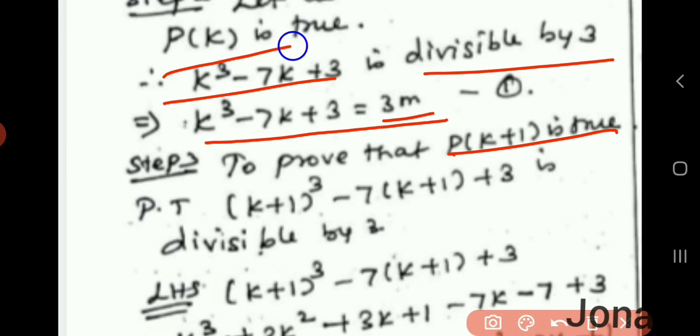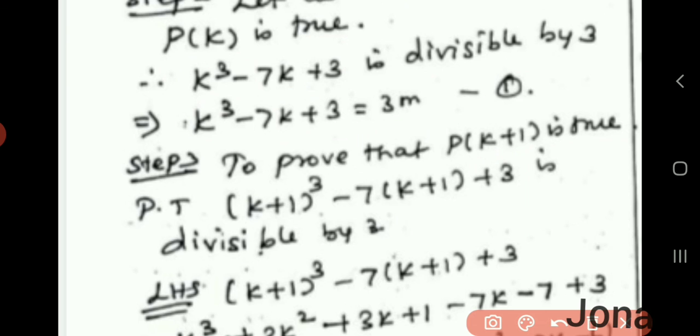If P of k is true, we have to prove P of k plus 1 is also true. So in the place of k I want to substitute k plus 1. So k plus 1 the whole cube minus 7 into k plus 1 plus 3 is also divisible by 3, we want to prove here.